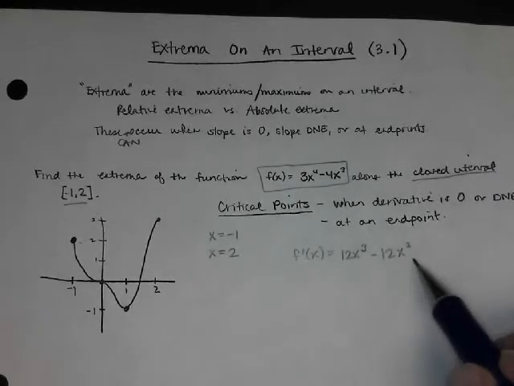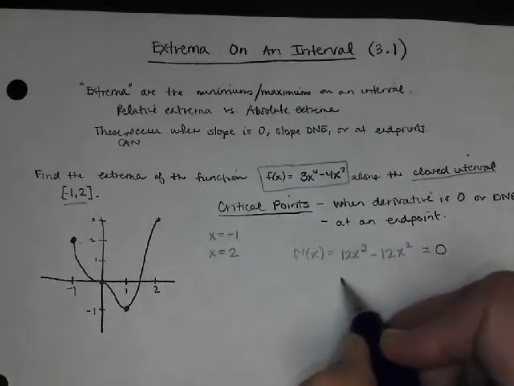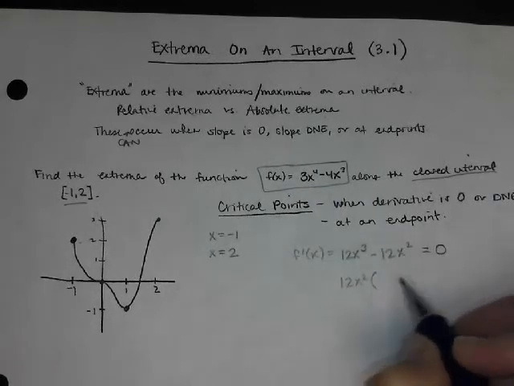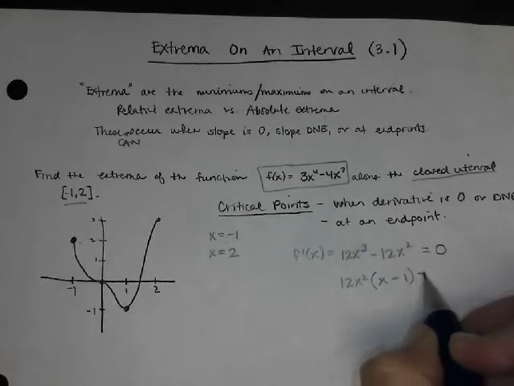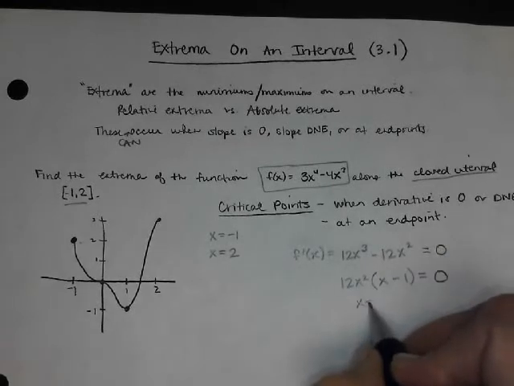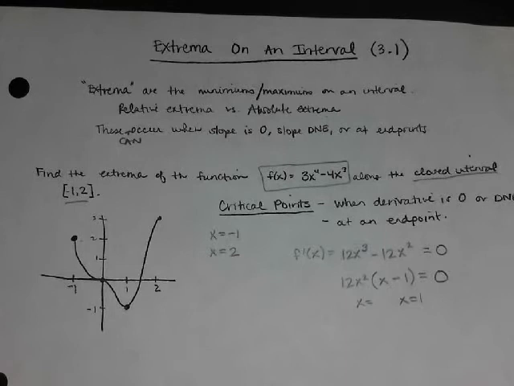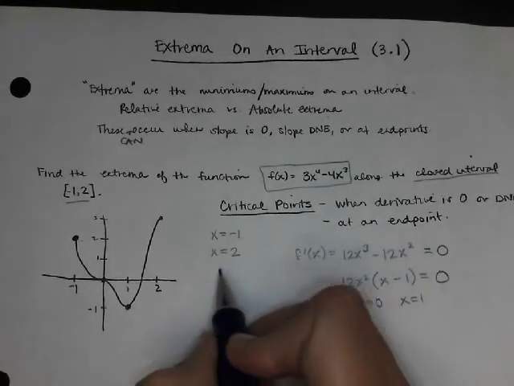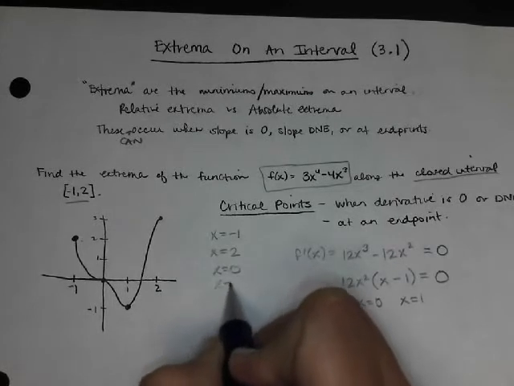Now this won't ever be undefined, but it will equal 0, and you figure out when by factoring out a 12x squared, and you get an x minus 1. So at x equals 0 or at x equals 1, you may or may not have a relative or absolute extrema. So x equals 0, x equals 1.